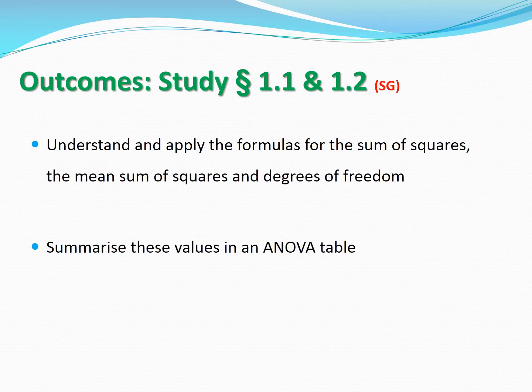If you look at the outcomes in the study guide, you should be able to apply the formulas for the sum of squares, the mean sum of squares, and the degrees of freedom. And all these measures can then be summarized in a table, which we call the ANOVA table, and these values will then be used in the hypothesis test later on.